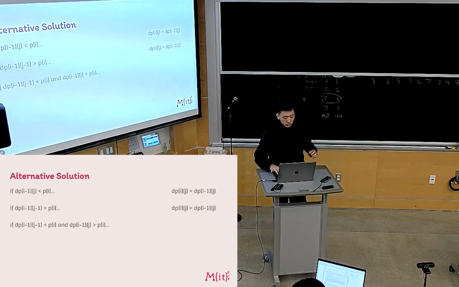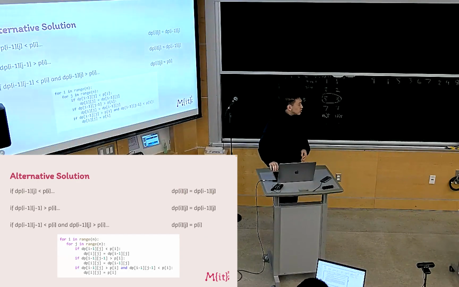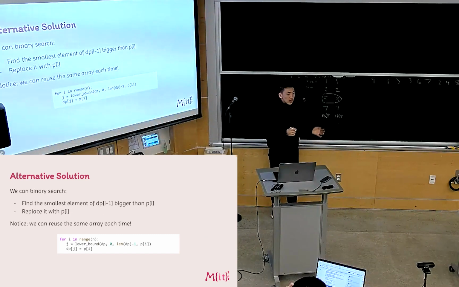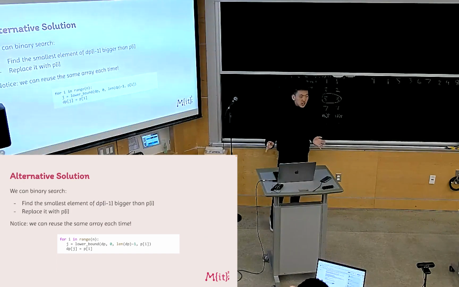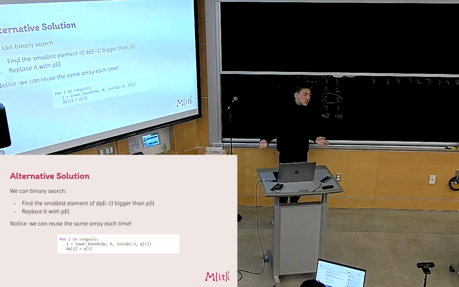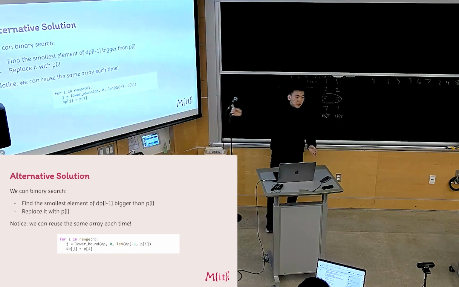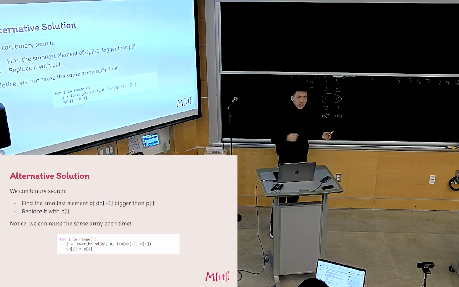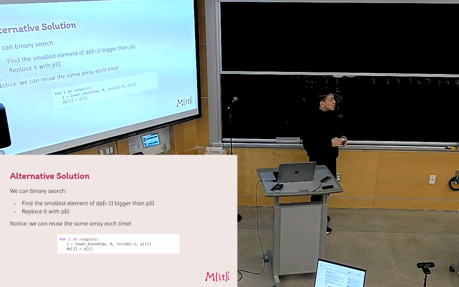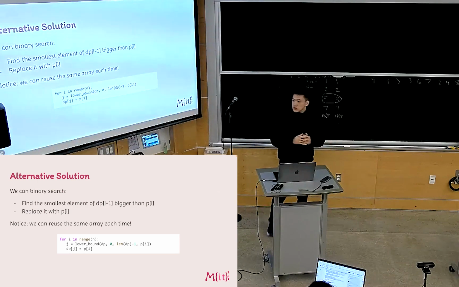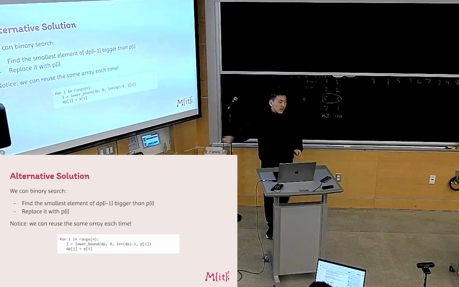And so once we fill out the transitions, we can have a simple optimization, which is essentially just every time we use a binary search, we find the smallest element that is bigger than our current element, and then we just replace it with our current element. And so this simple binary search also allows us to find the size of the LIS, which in this case, the answer would just be the size of the DP array, or the largest element within this DP array that isn't infinity. Does that make sense?